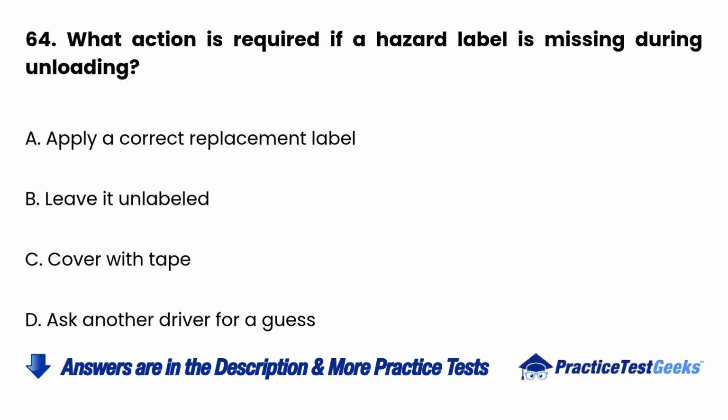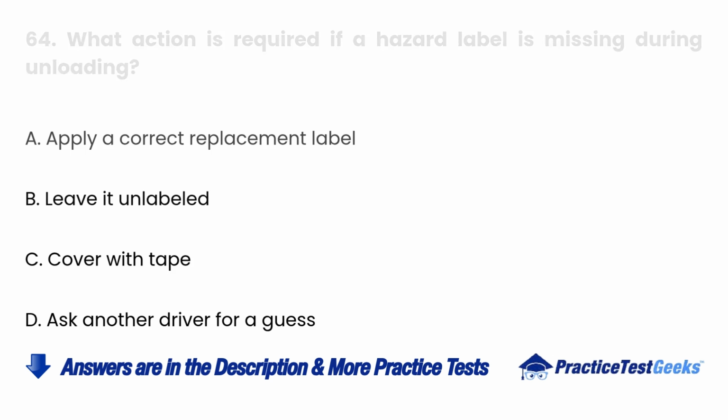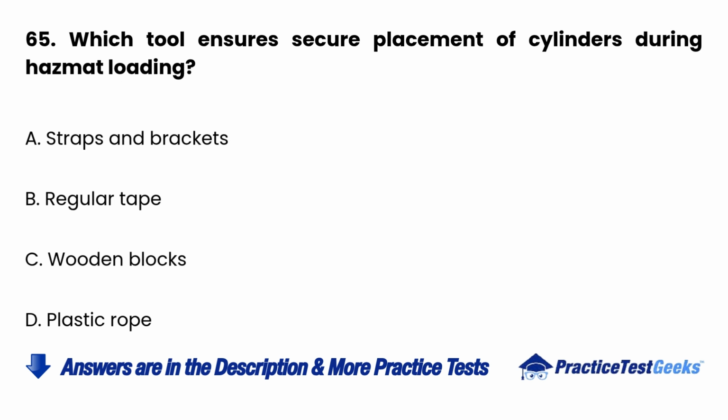A. Apply a correct replacement label. B. Leave it unlabeled. C. Cover with tape. D. Ask another driver for a guess. 65. Which tool ensures secure placement of cylinders during hazmat loading? A. Straps and brackets. B. Regular tape. C. Wooden blocks. D. Plastic rope.